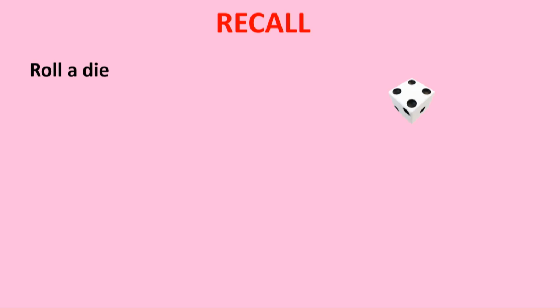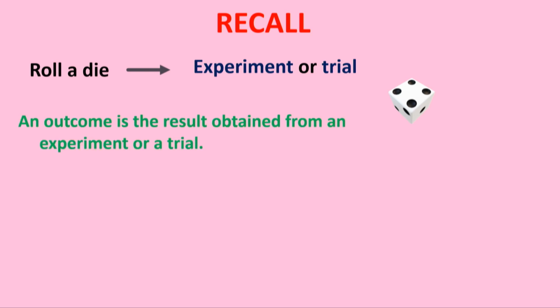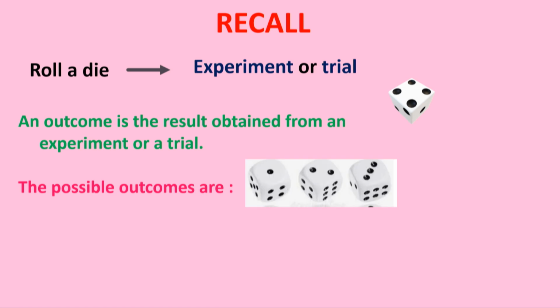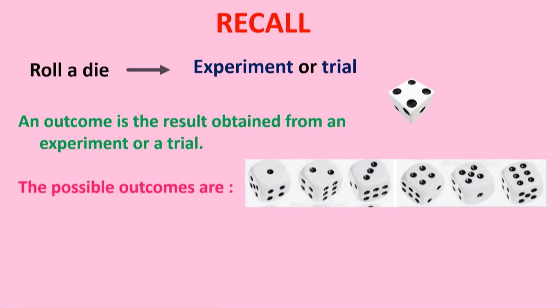So when you roll a die, this is called an experiment or a trial. An outcome will be the result obtained from an experiment or a trial. For example, when you roll a die, the possible outcomes will be obtaining 1, 2, 3, 4, 5 or 6.